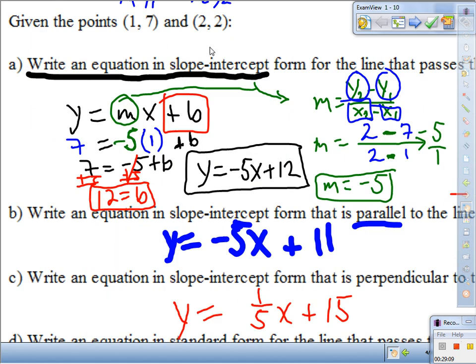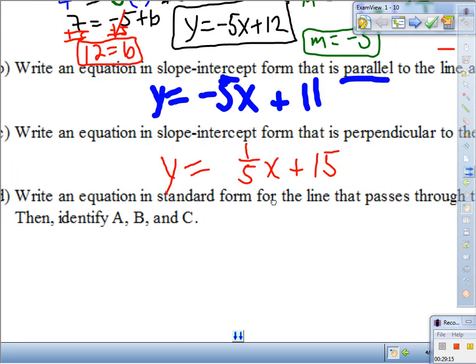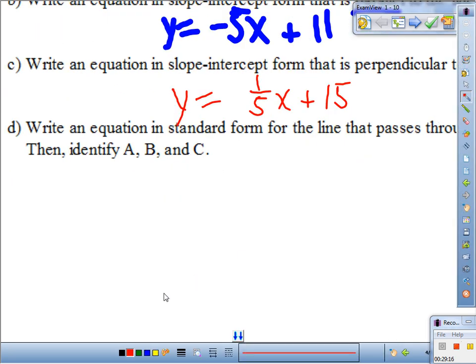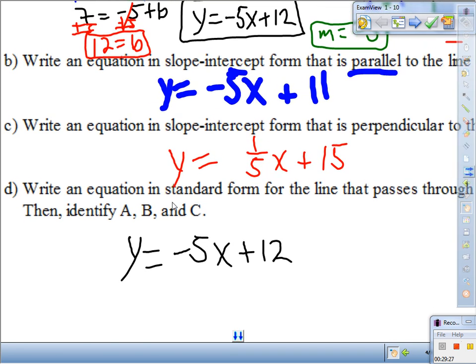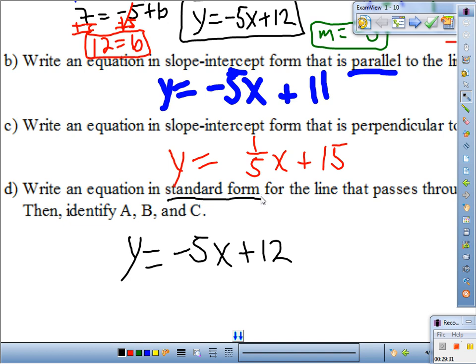Do we have an equation already for the line that passes through those 2 points? Yes, so let's get that equation and we write it here. We write y equals negative 5x plus 12. Because we don't have to do all the work again, right? But is that in standard form? No. Tell your neighbor what needs to happen to make it in standard form.